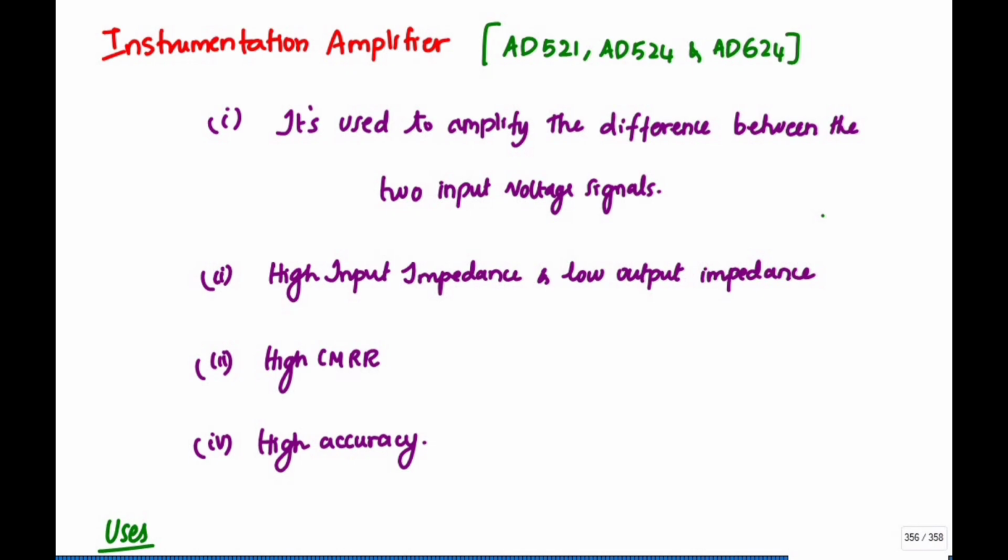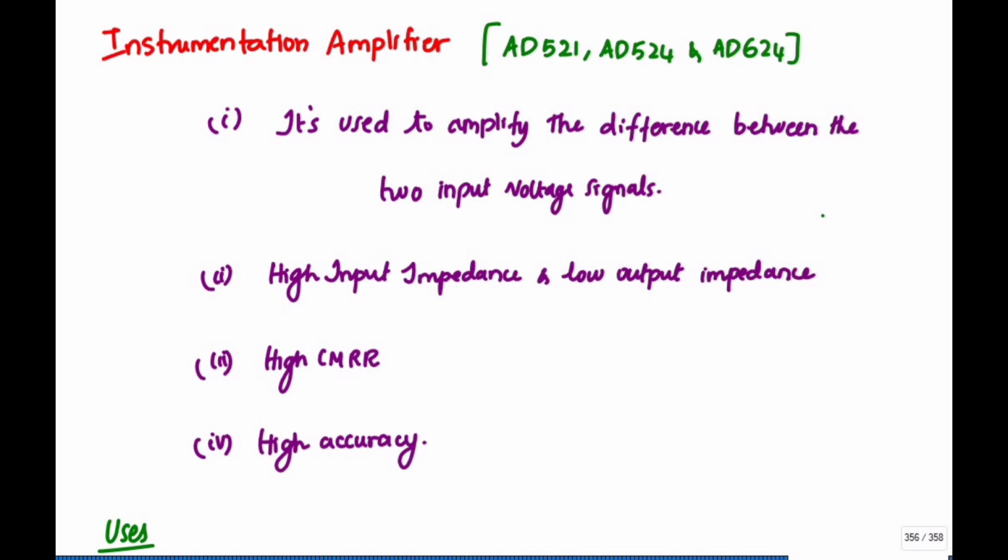Basically it is used to amplify the difference between two input voltage signals, and it has high input impedance, low output impedance, high common mode rejection ratio (CMRR), and high accuracy.